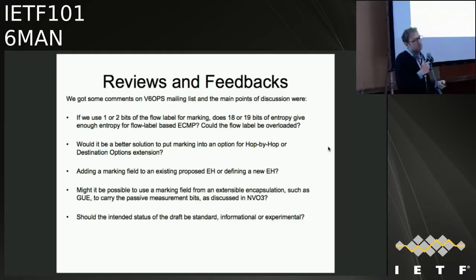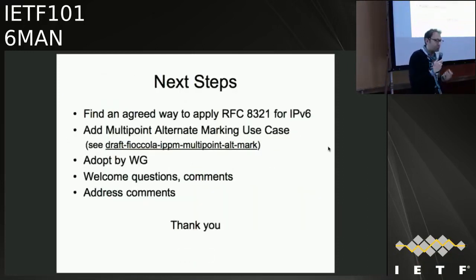The RFC is experimental, of course, but now we should understand if this draft can be informational or standard, depending. As a next step, we should find an agreed way to apply this alternate marking method for IPv6, so not for IPv4, which is a self-made, homemade implementation, because we use the DSCP field, which is not allowed for this function.